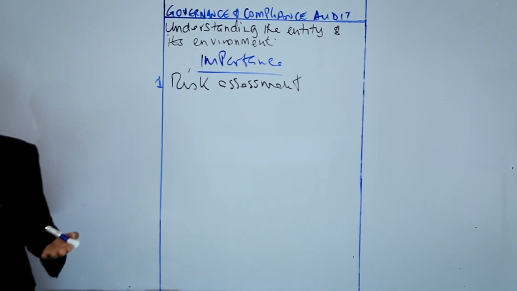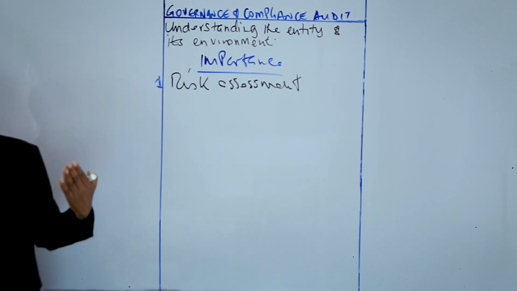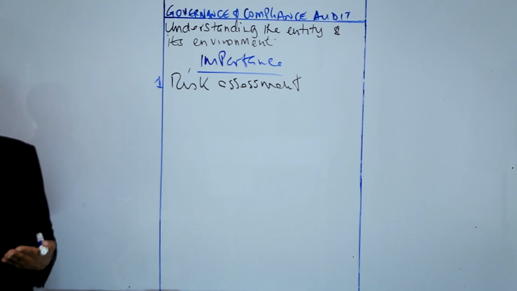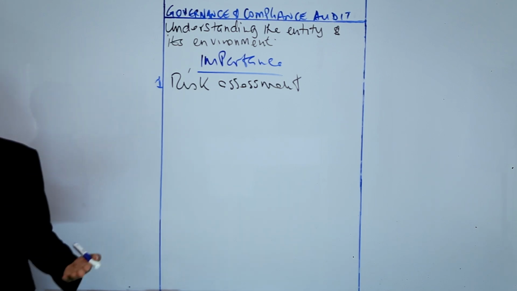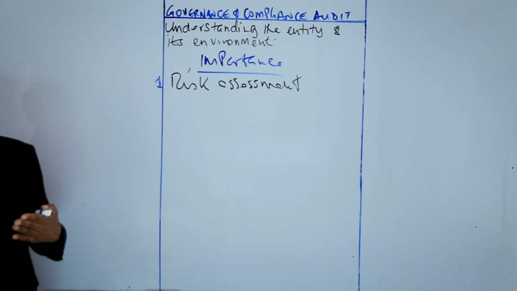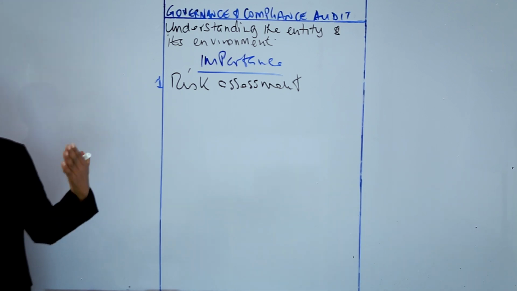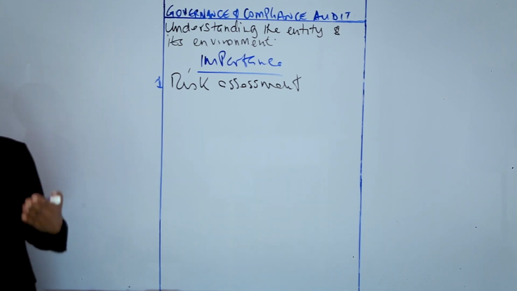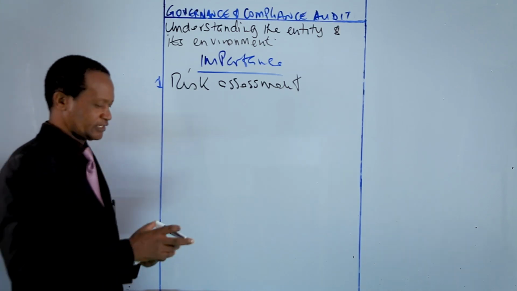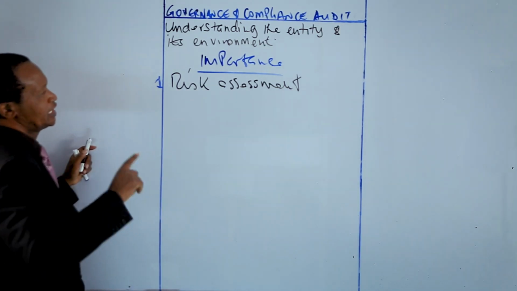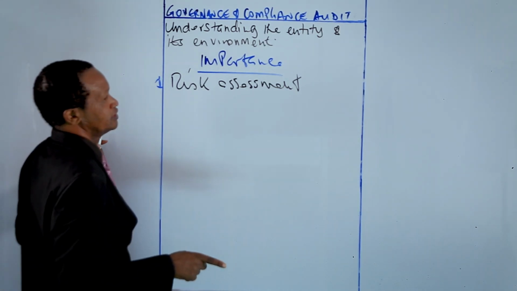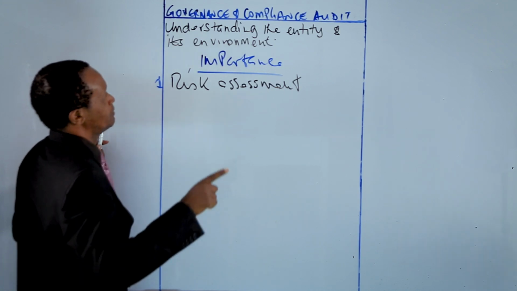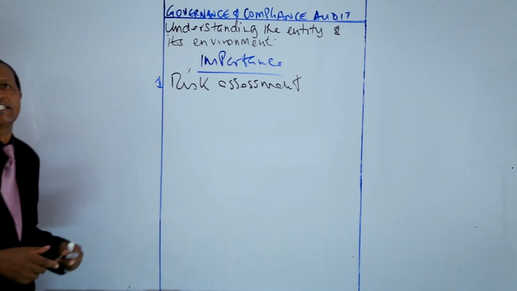An example could be a company operating in a highly regulated industry like finance or health care, which faces different and more significant compliance risks than one in a less regulated sector. So to carry out proper risk assessment, the auditor must understand the entity and its environment.